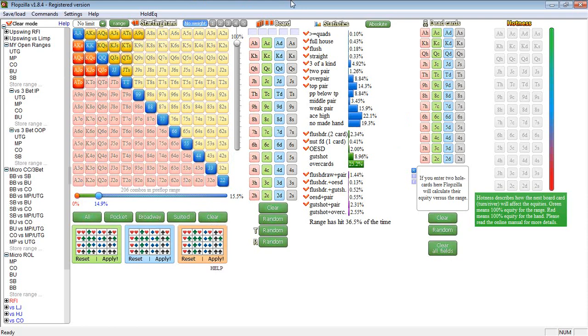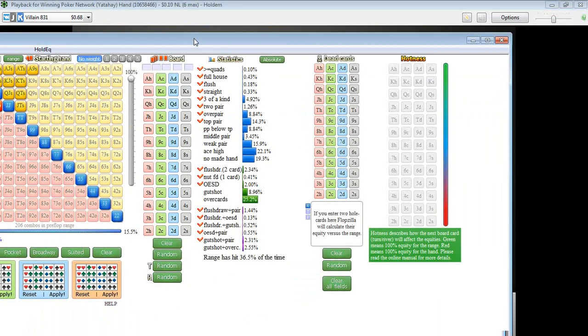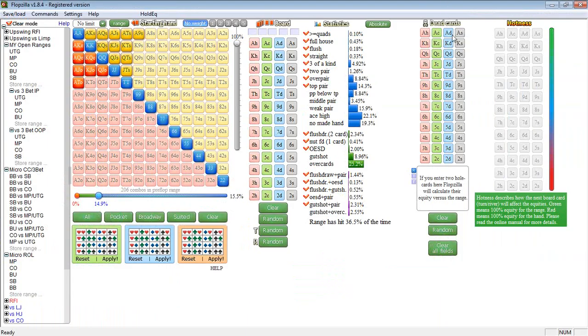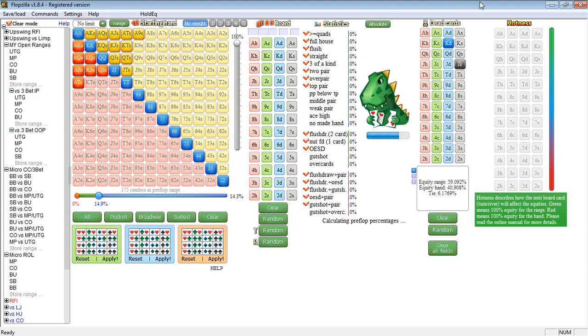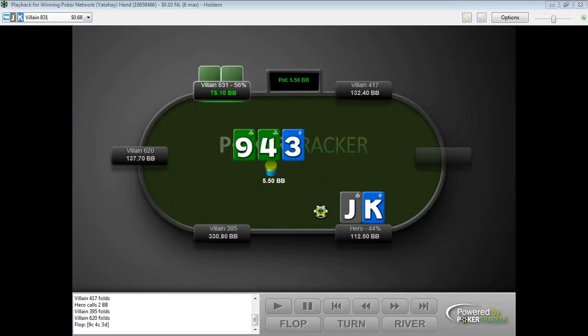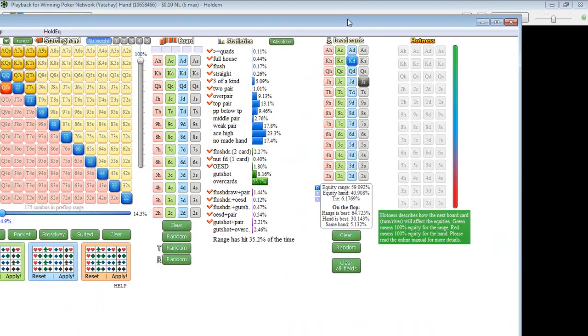As you can see here, this particular flop is really bad for him. King of Diamonds, Jack of Spades, 9 of Clubs, 4 of Clubs, 3 of Diamonds.